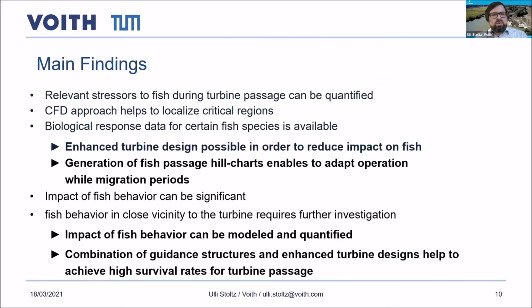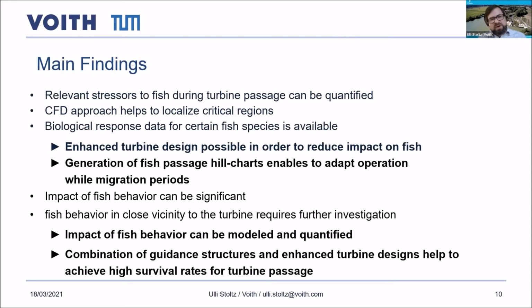Okay, so what did we learn in this project then? We can identify relevant stresses during a fish passage and quantify them, and also with the CFD approach, localize them. And also we have some biological response data available, of course only for some species, and it needs to be seen if this covers all eventualities.